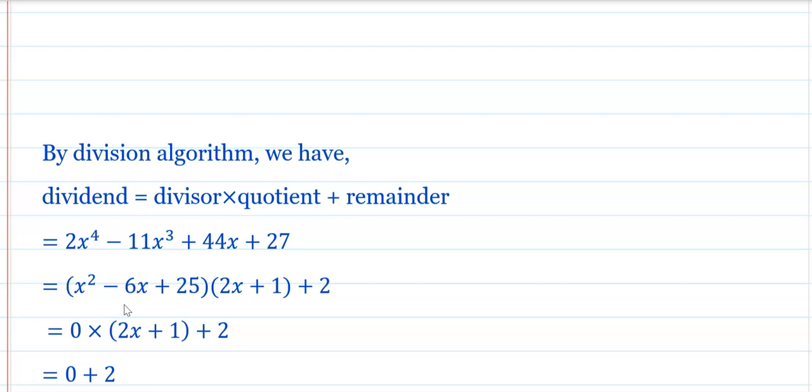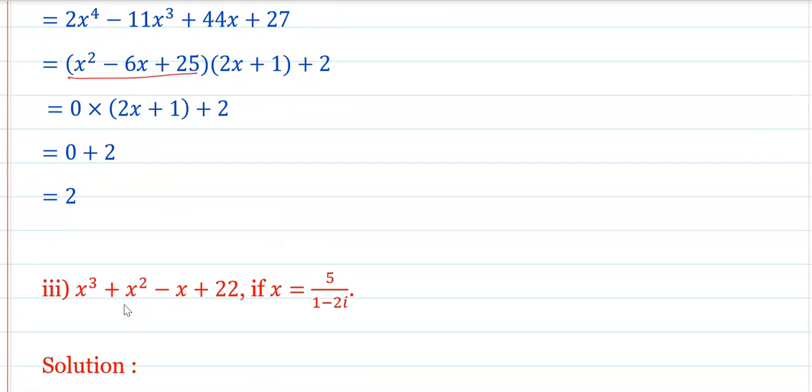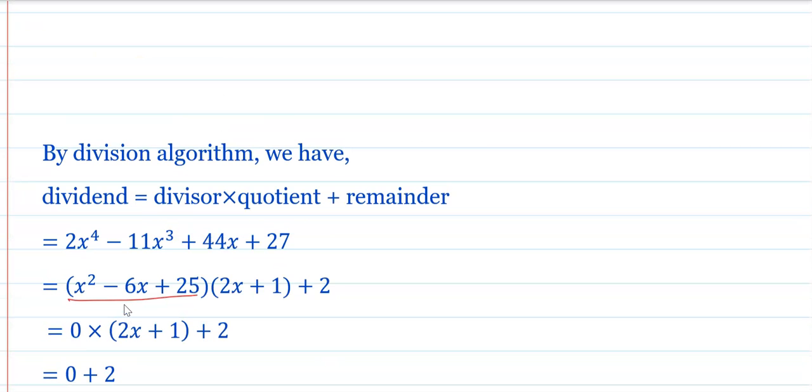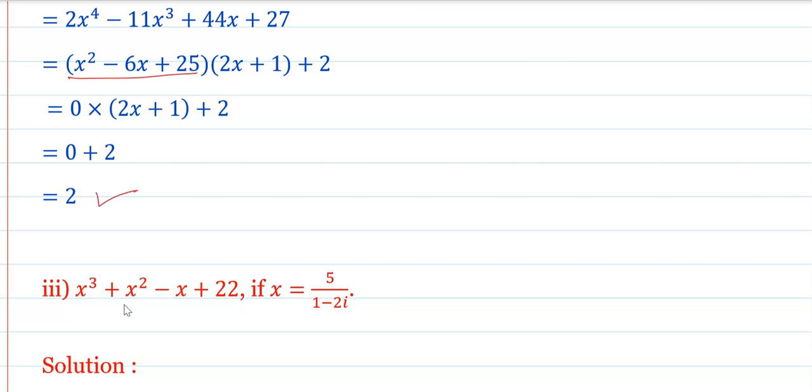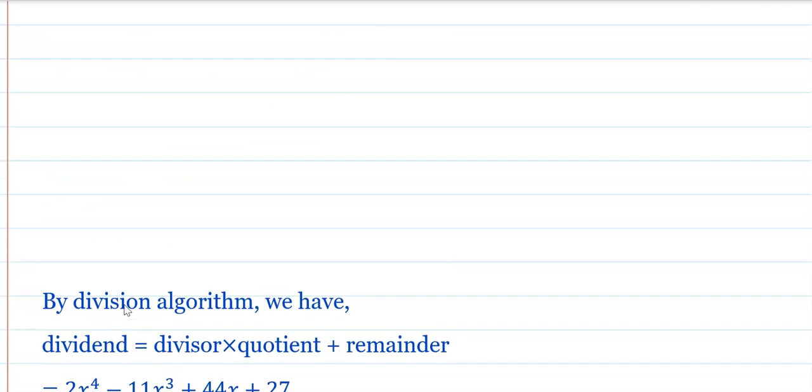The actual value of x square minus 6x plus 25 is 0. 0 into 2x plus 1, you will get 0. 0 plus 2 is 2. And hence the value of the polynomial 2x raised to 4 minus 11x cube plus 44x plus 27 is 2. Its value is 2. Okay. Again you can see here.